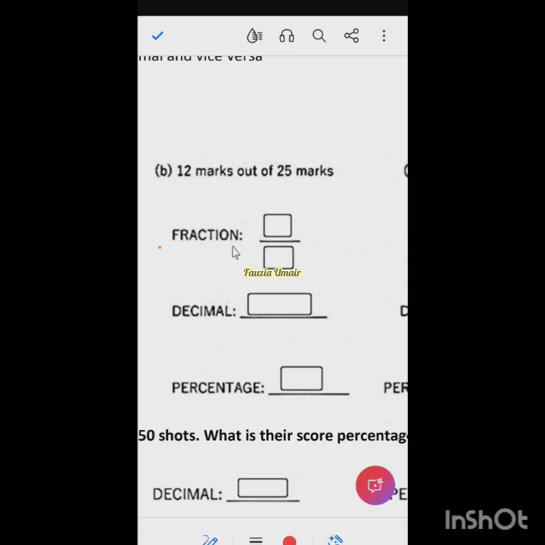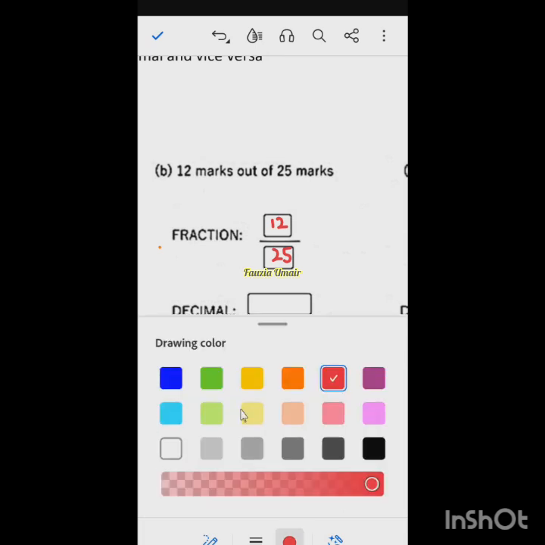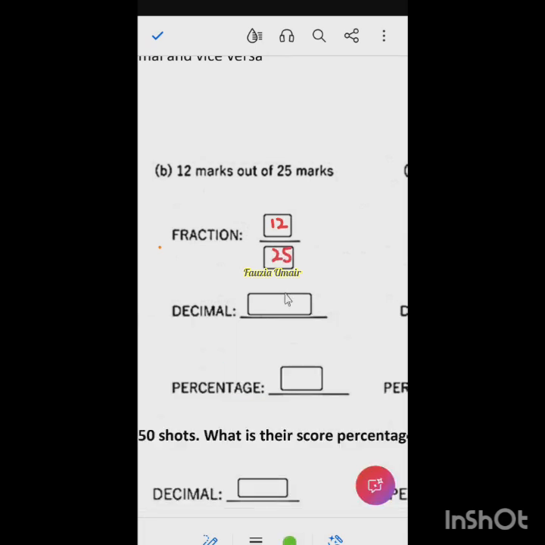Second question is 12 marks out of 25 marks. So what would be the fraction? 12 by 25. Now we need to change it into the decimal form. So first of all, we will see, can we convert it into 10, 100 or 1000? Yes. This 25. Yes, ma'am. We will multiply it. How? With 5.